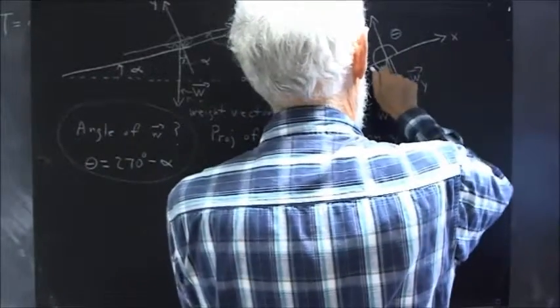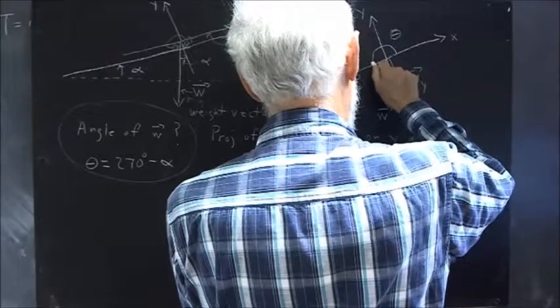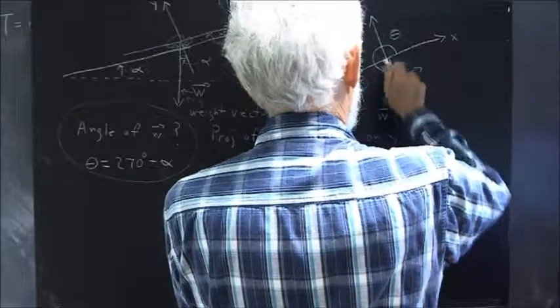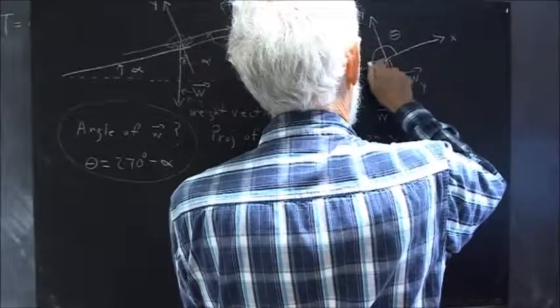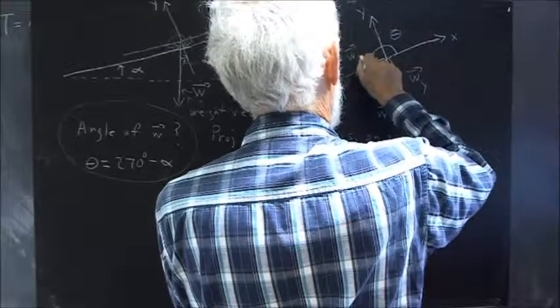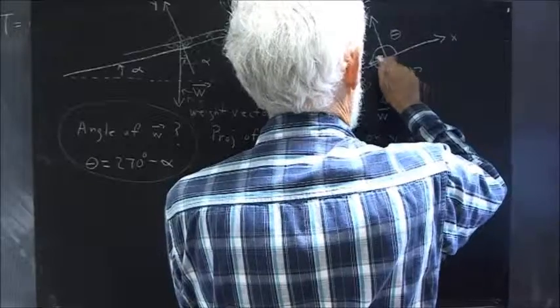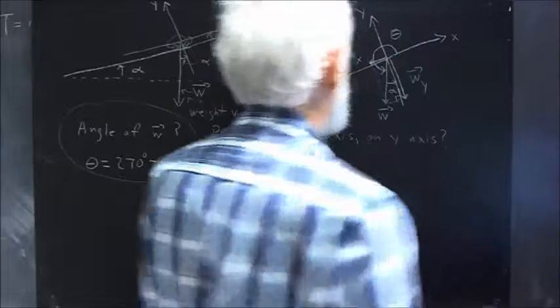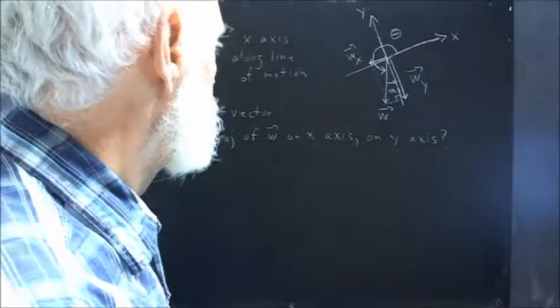And then we come up here at a right angle to the x-axis, and we get the projection WX. That's kind of obscured by the indication of the angle, but you should be able to see what's going on there.